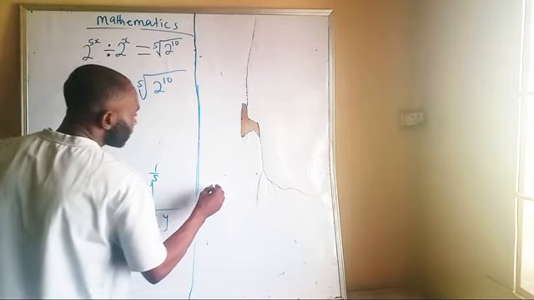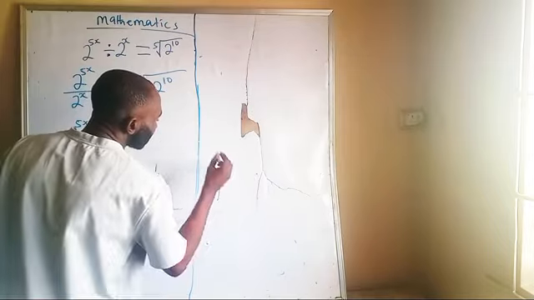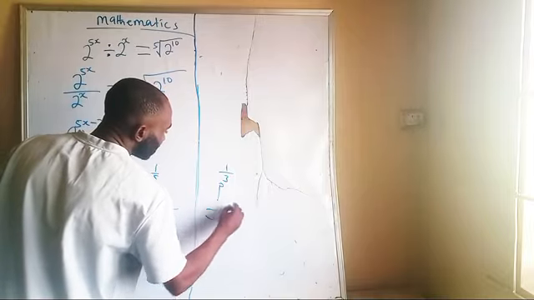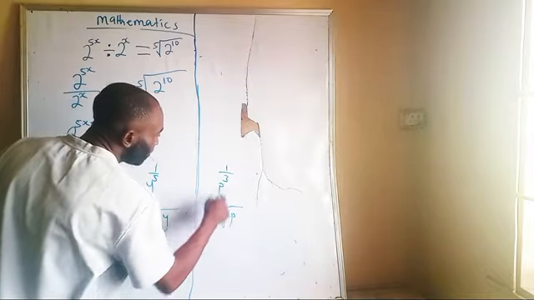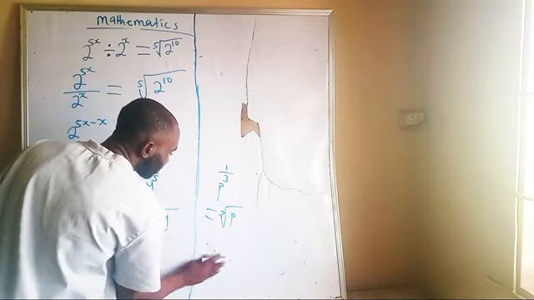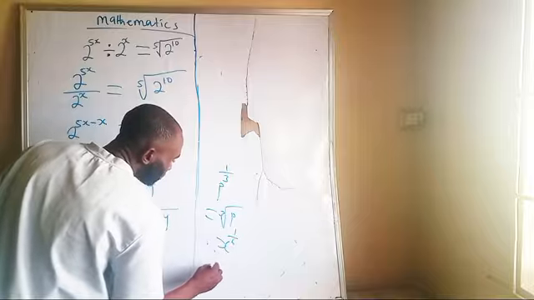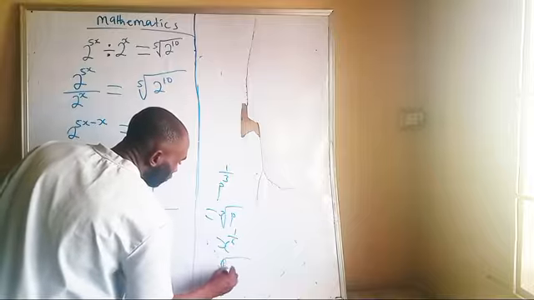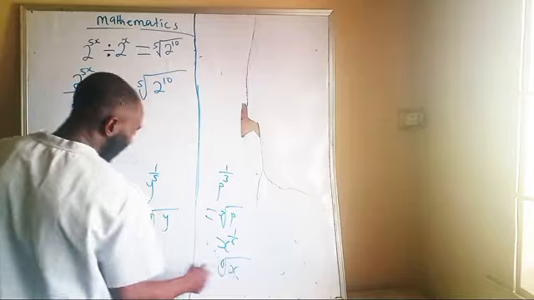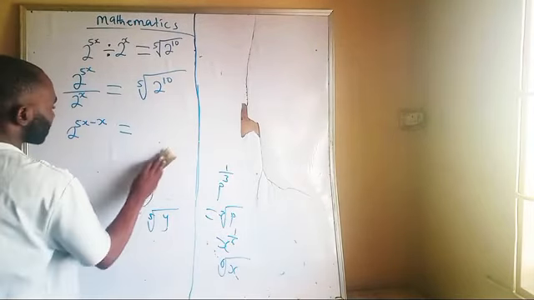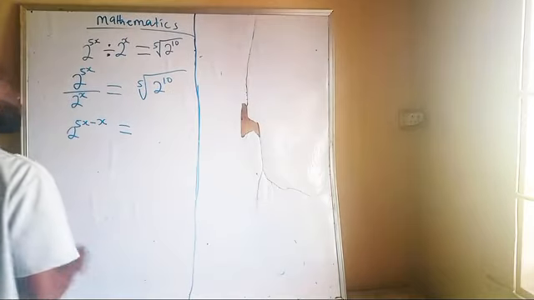So assuming p raised to the power of 1 all over 3, this will be the same thing as the cube root of p. And if x is raised to the power of 1 all over 6, this will become the sixth root of x.